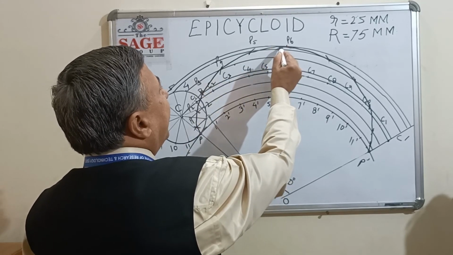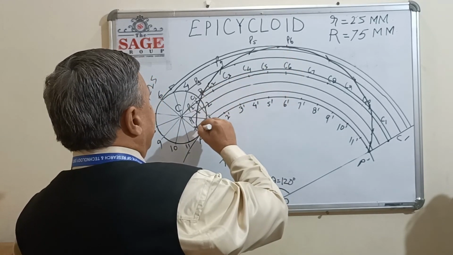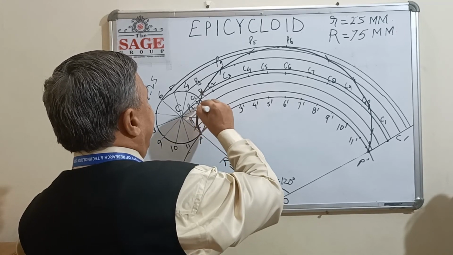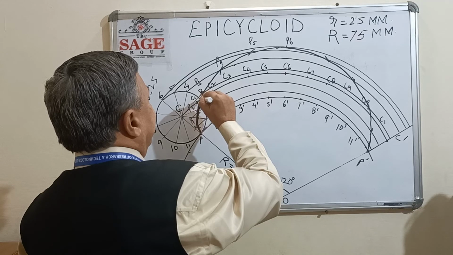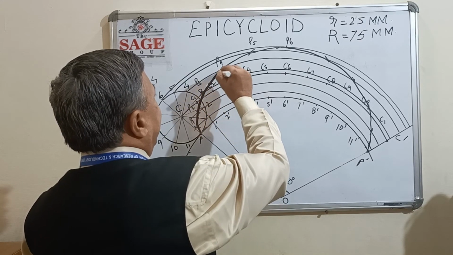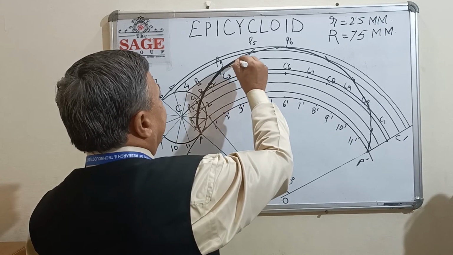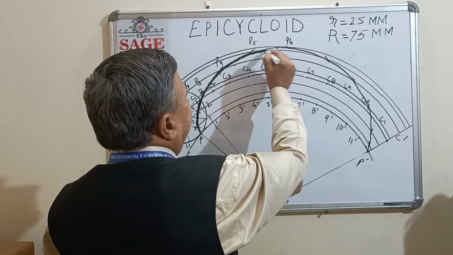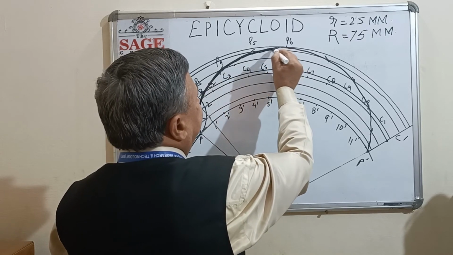I have drawn it slightly darker, to show the epicycloid clearly. This is our epicycloid.